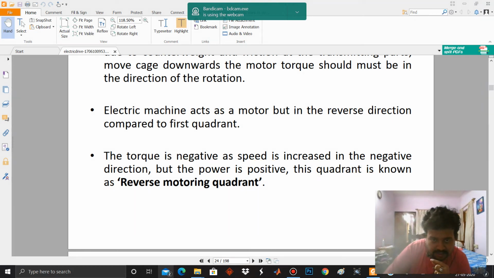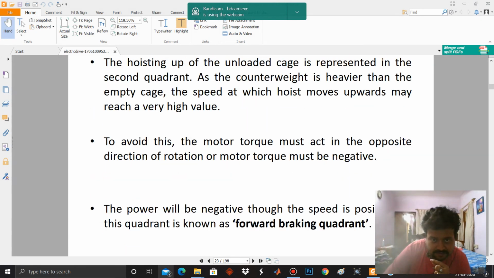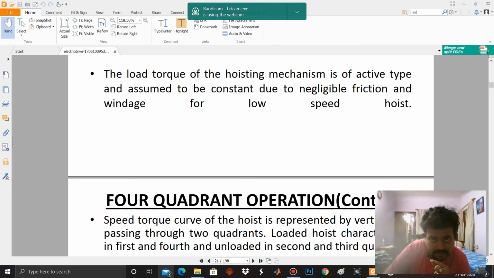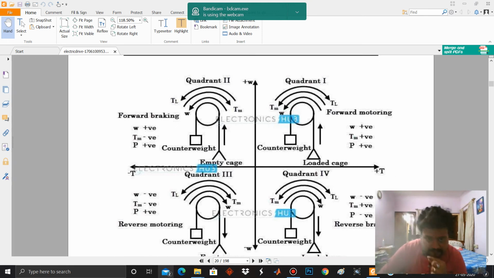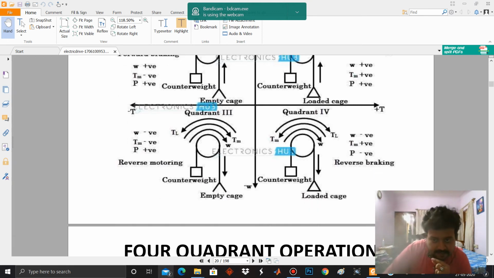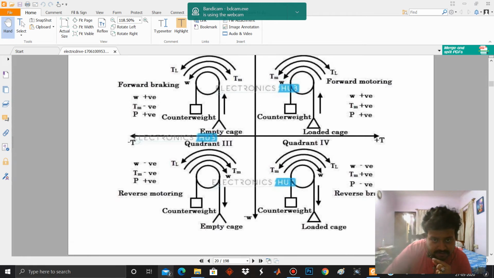So let us go to the diagram once more. If you see the third quadrant, what about the second quadrant? The speed was in the anti-clockwise direction in the second quadrant.